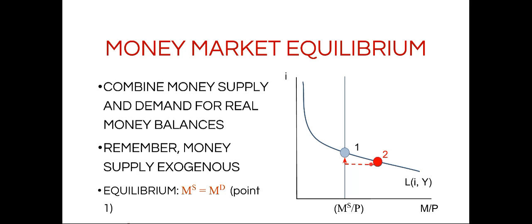As they want to borrow, they bid up the interest rate until it goes to the equilibrium. So if you want to see where the economy actually is in terms of money and interest rate, if people want to be at point 2, they can't be. They're actually here at this little red dot, and the economy is going to adjust to point 1 because the money supply is given by the central bank, and it just can't be changed unless the central bank changes it exogenously.